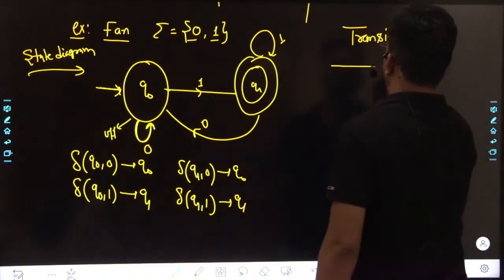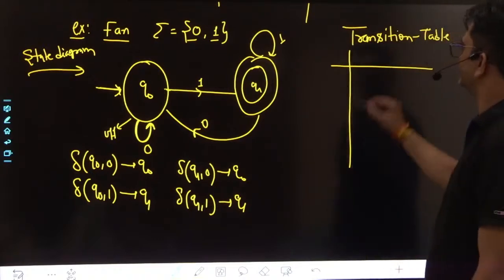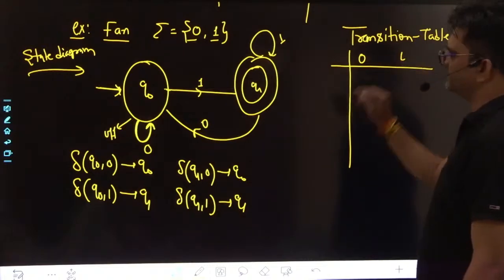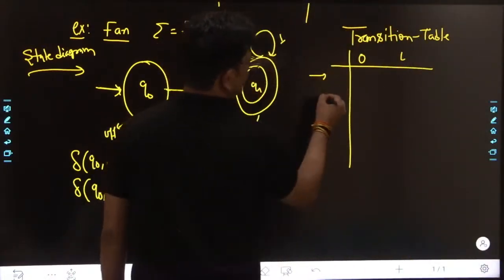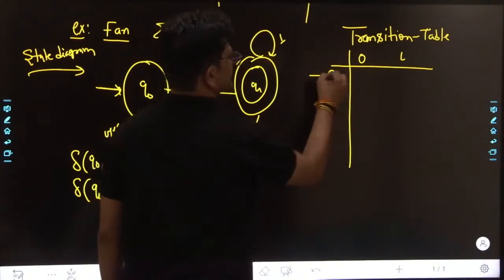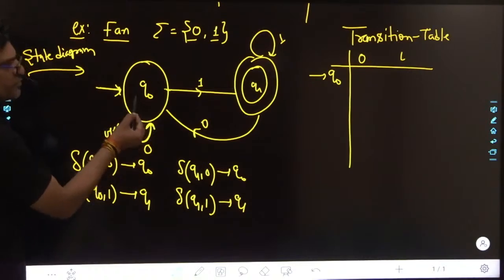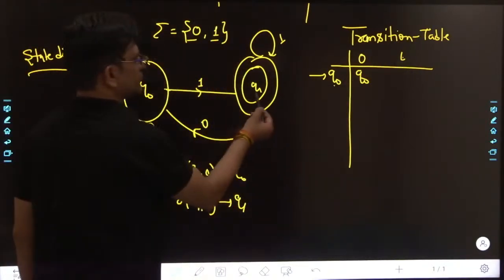So how to represent this state diagram as a transition table? We have two inputs, 0 and 1. Here we write the input, and row-wise we write the states. So we have initial state Q naught. Q naught on 0 goes to Q naught. Q naught on 1 goes to Q1.